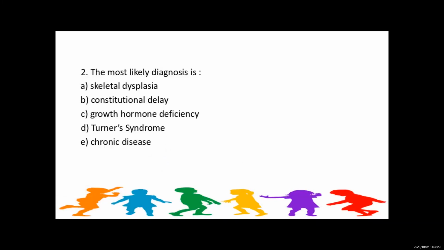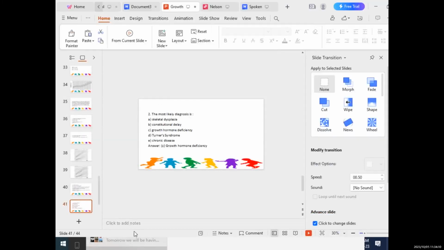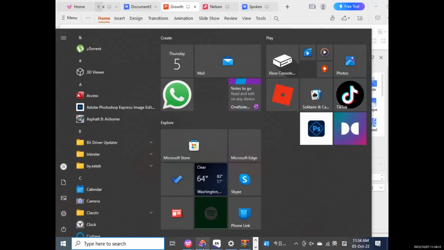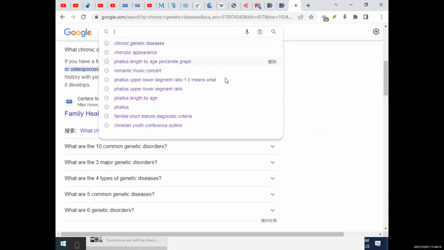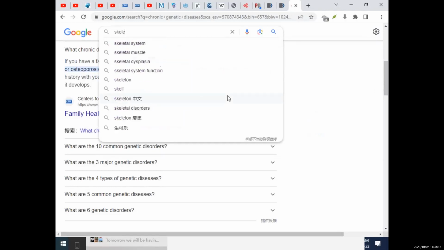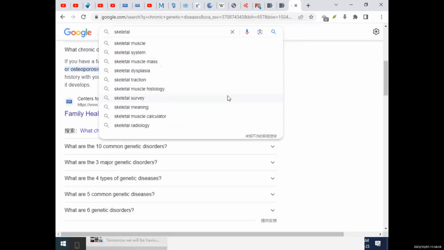But now you pointed something out about skeletal dysplasia, right? You mentioned skeletal dysplasia.